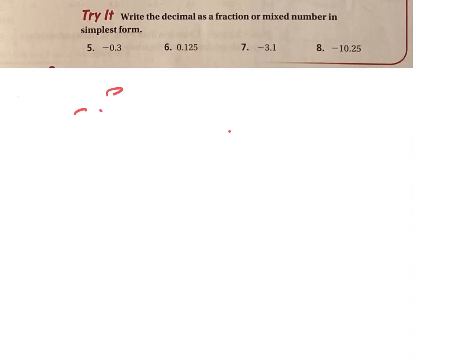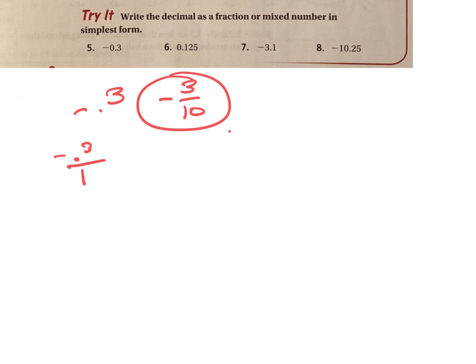Negative 0.3. So I know that that's negative 3/10. So if I just say it, it's negative 3/10. That's not too bad. I mean, if I would put negative 0.3, put a 1 under it, I know I just times this by 10 and times this by 10. It gets me negative 3 over 10, same thing.